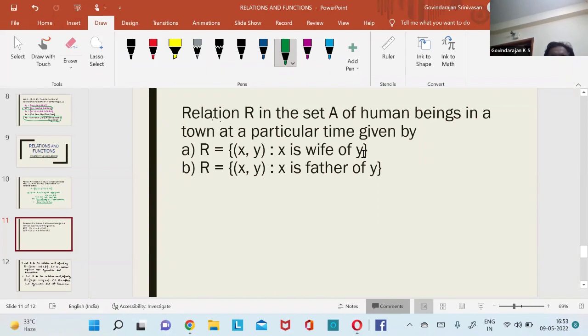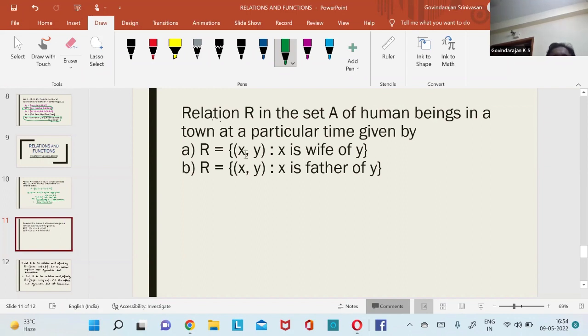If (X, Y) belongs to R and (Y, Z) belongs to R, and (X, Z) does not belong to R, it means not transitive. If (X, Z) belongs to R, it is transitive. But here (X, Y) belongs to R, but (Y, Z) does not belong to R. There is no second element, so we cannot say it is not transitive. So it is a transitive relation.